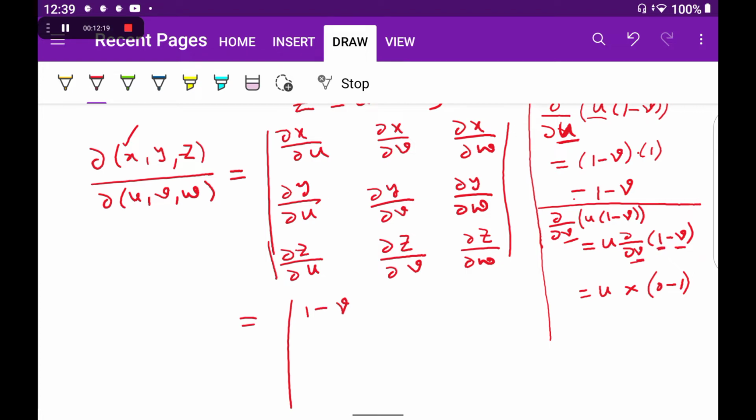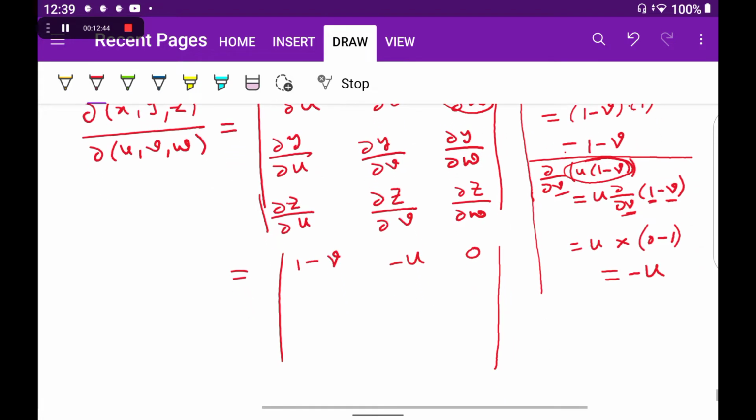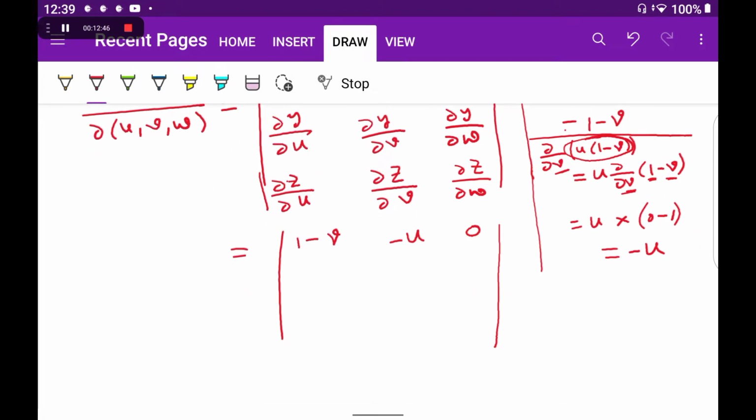Derivative of v with respect to v is 1, right? So it is minus u. And coming to dou x by dou w, there is no term related to w in x. X is u into 1 minus v. So therefore, dou x by dou w is 0.